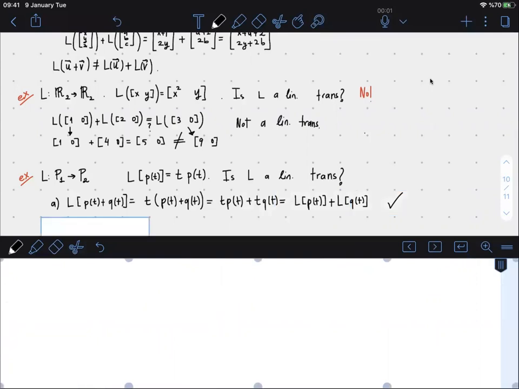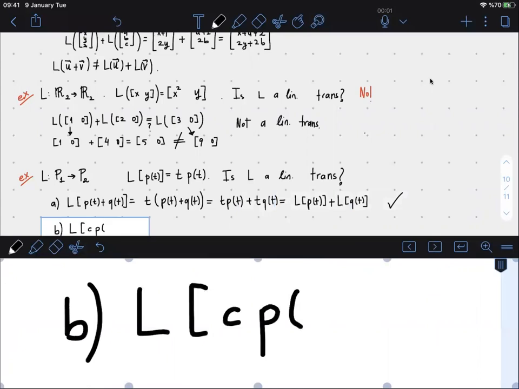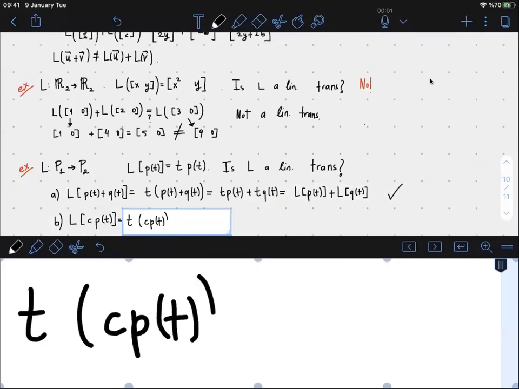What about the second condition? L of c times p(t). Let's first consider this one. By definition, this is t times c p(t). And what can I do? I can take this c out, right?